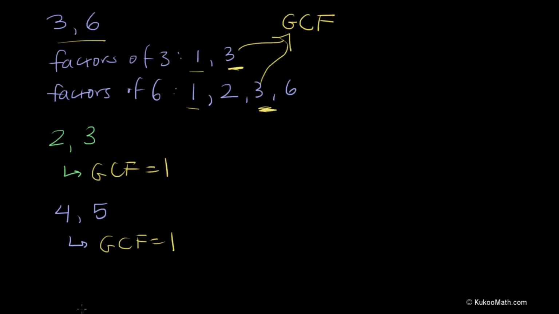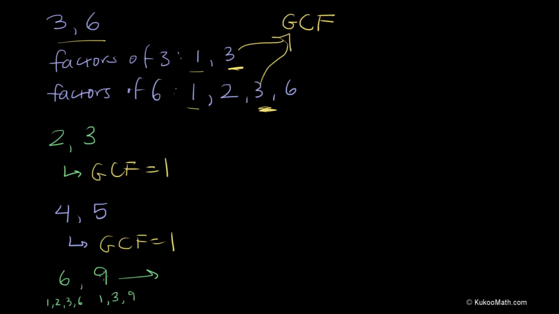Now let's try the numbers 6 and 9. The factors of 6, we can write these out if you can't keep track of them in your head. So the factors of 6 are 1, 2, 3, and 6. And the factors of 9 are 1, 3, and 9.